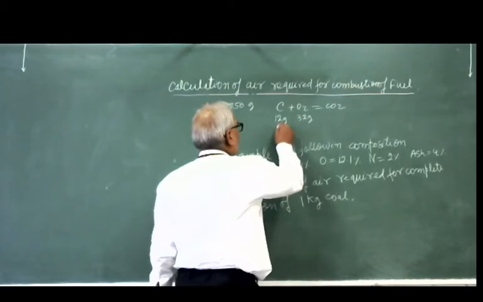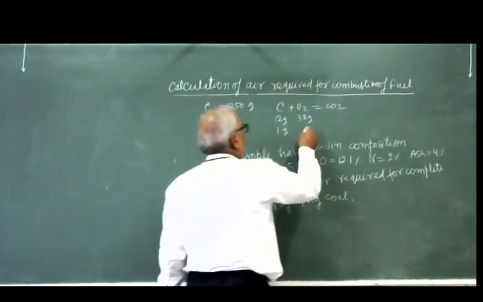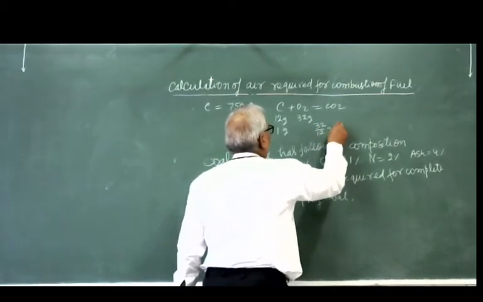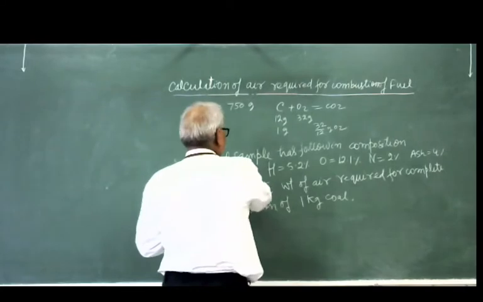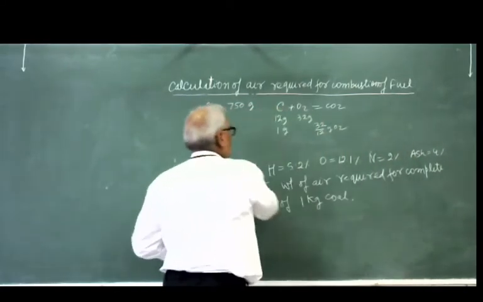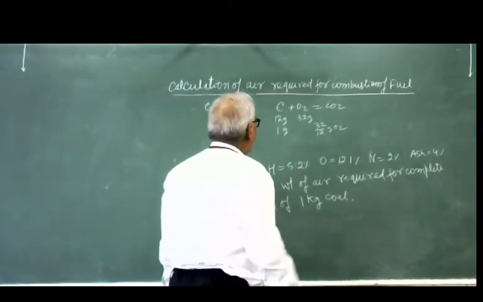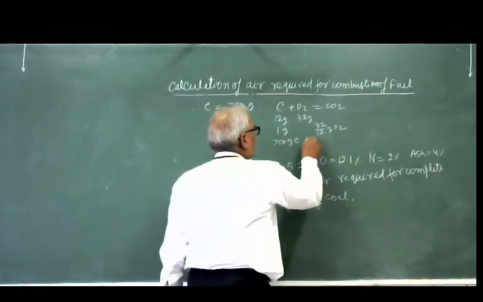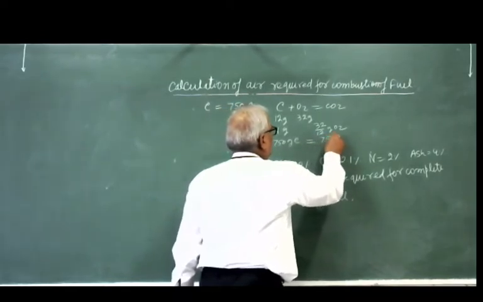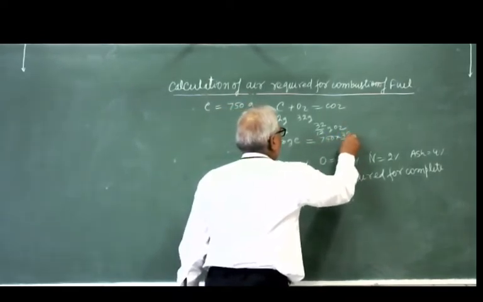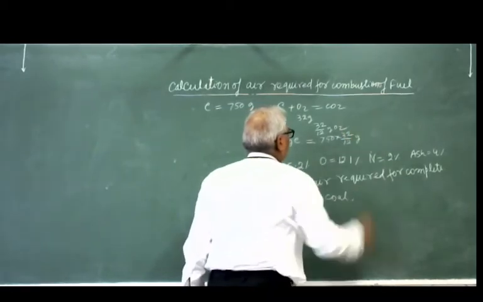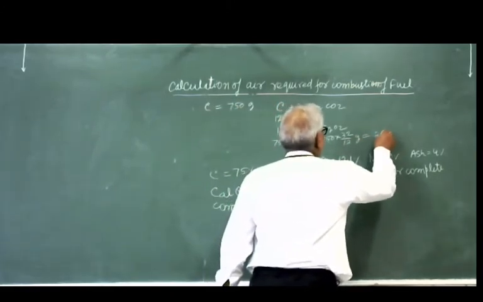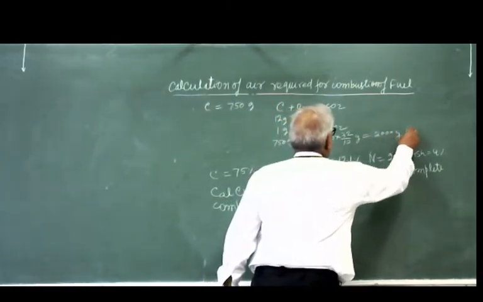So for 1 gram of the carbon, you will require 32 by 12 gram O2. So 750 gram carbon will require 750 into 32 upon 12 gram, and it will be nearly 2000 gram O2.